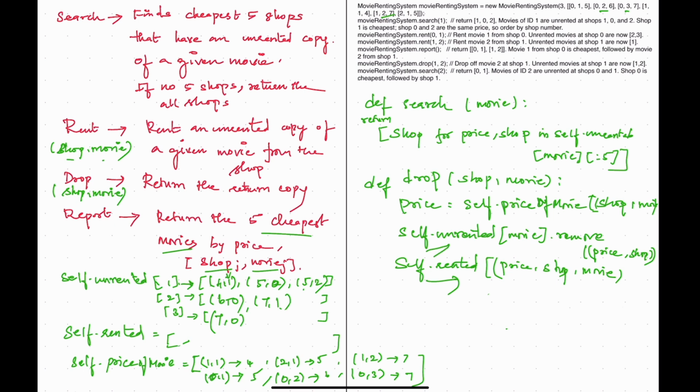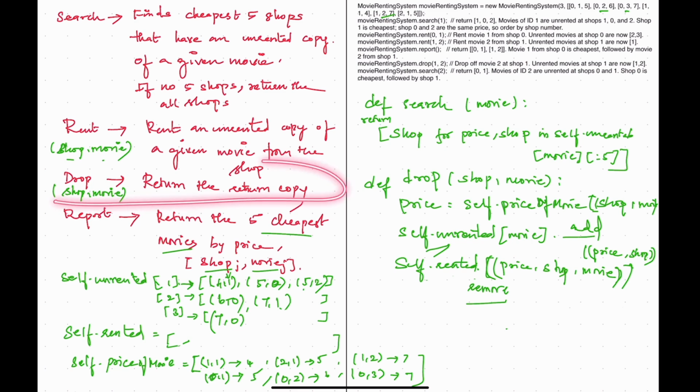Here you have dot remove on the rented, and then self.unrented dot add. For drop we are just removing from the rented and adding it to the unrented. Got it? Yeah. So these are the 3 functions.